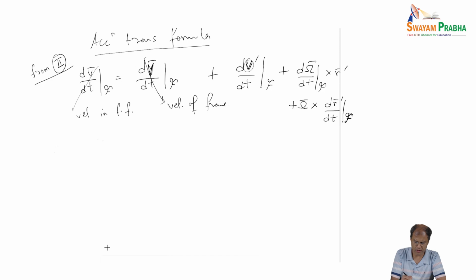So what are these different quantities? These different quantities are acceleration. Let us denote it by small a.